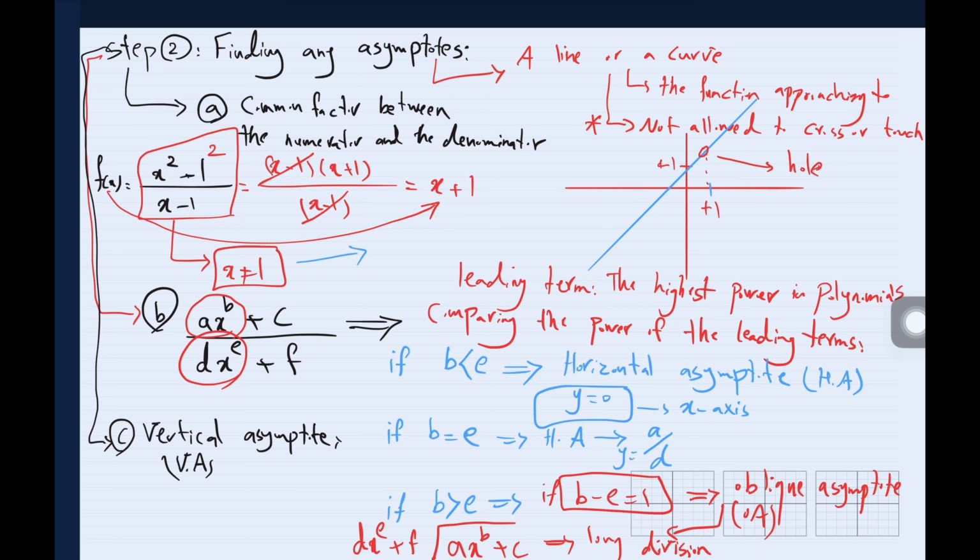Vertical asymptotes are those numbers making my denominator 0, causing my rational function to be undefined. So in other words, any roots of the denominator will be those vertical asymptotes. I'm going to give you some examples later on, and then you'll understand those things better. So this is step 2.